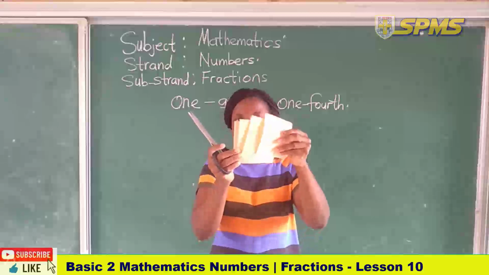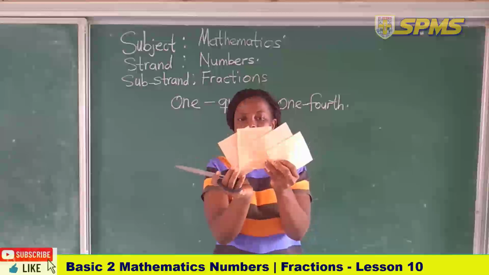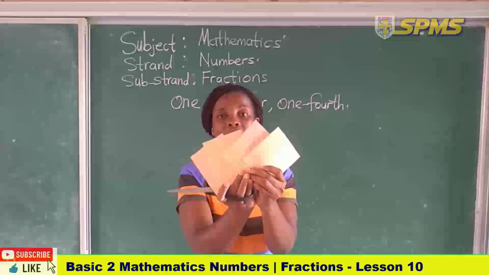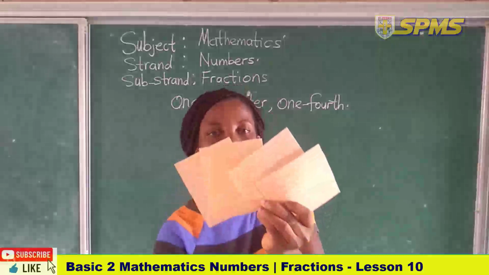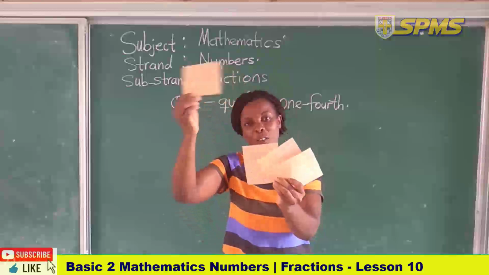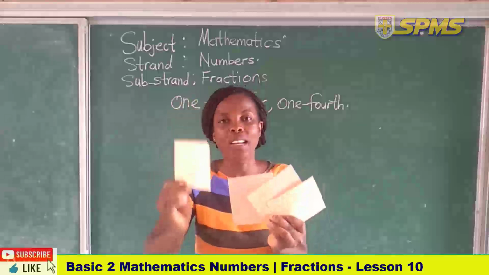Okay, so what do you see? You see 4 of this. That means I have divided them into 4 equal parts. So one part of this is 1/4.